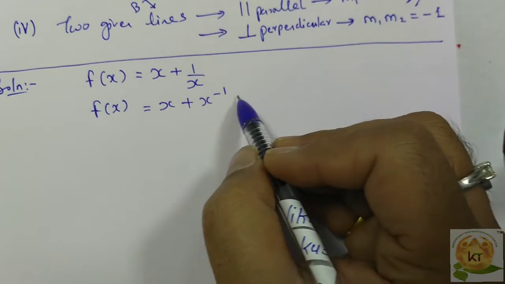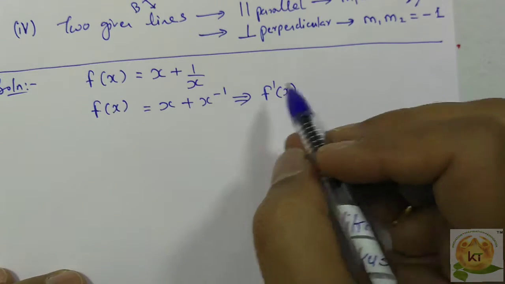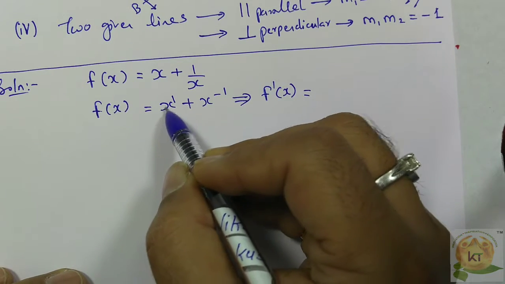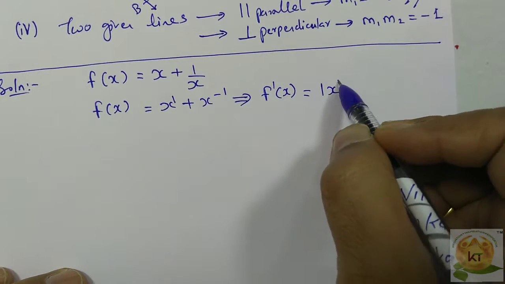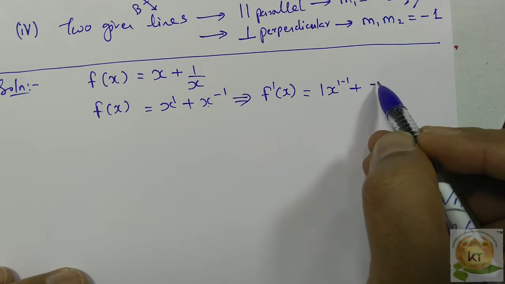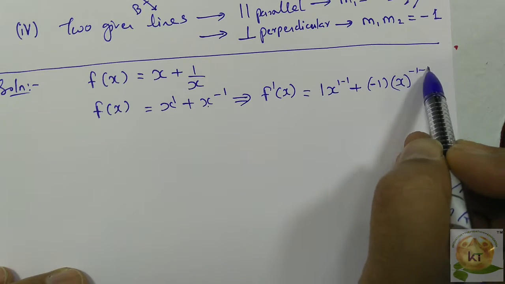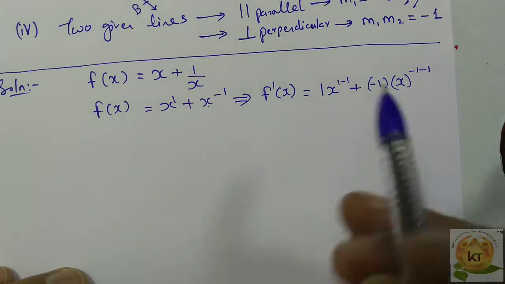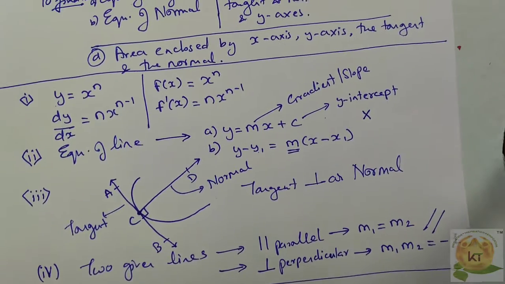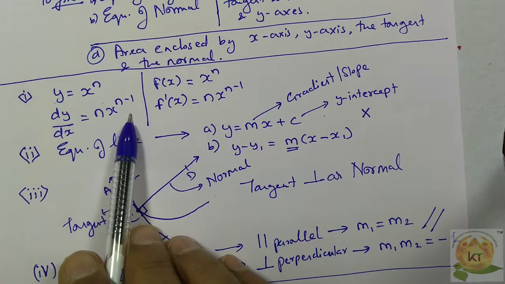Therefore f dash of x, the derivative, would be: derivative of x to the power of 1 is 1x to the power of 1 minus 1, plus derivative of x to the power of minus 1 is minus 1 x to the power of minus 1 minus 1. We are using the very first principle of y is equal to x to the power of n, which I already showed you: the derivative of y is equal to x to the power of n is nx to the power of n minus 1.